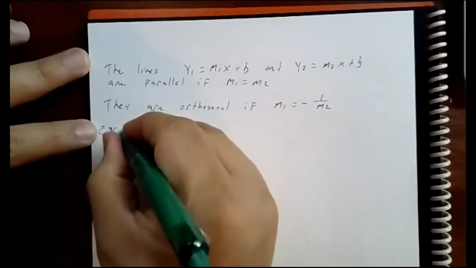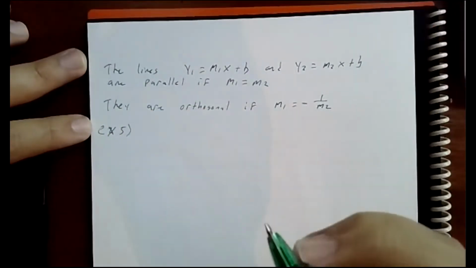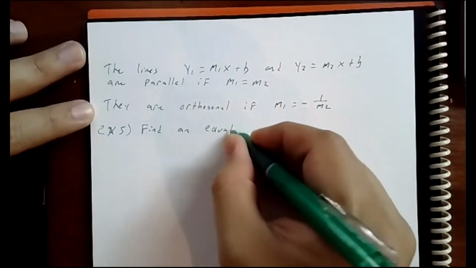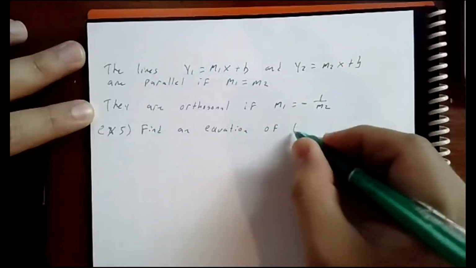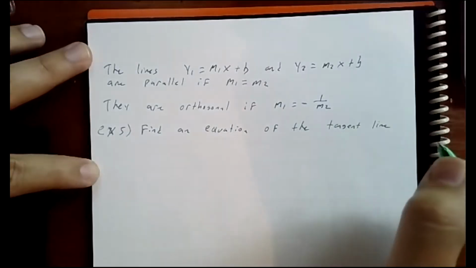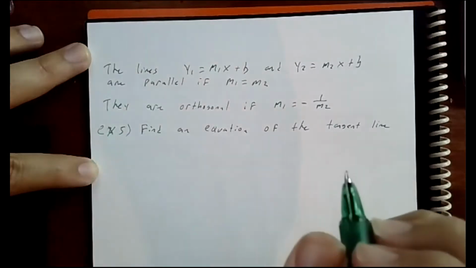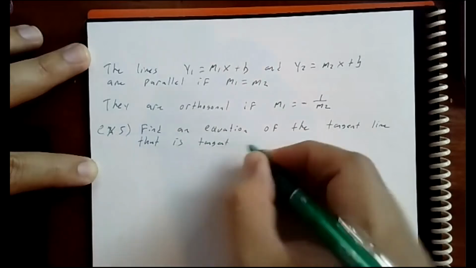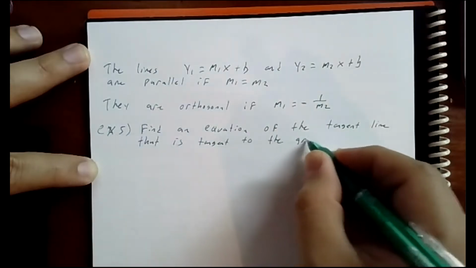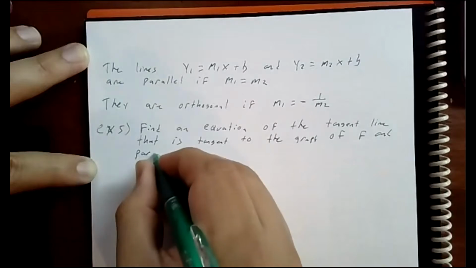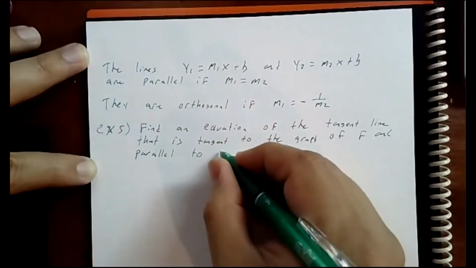This is example 5, I forgot. Example 5: find an equation of the line that is tangent to the graph of f and parallel to the given line.